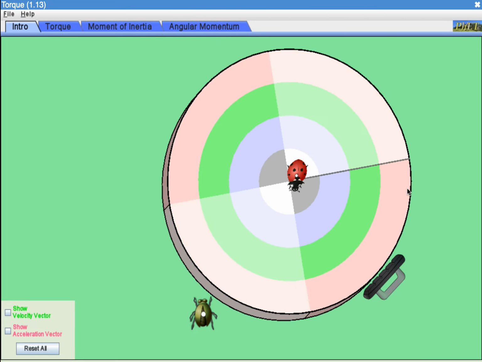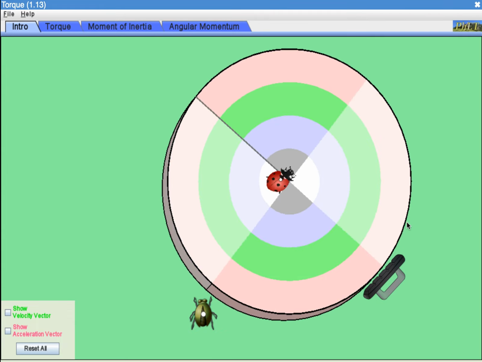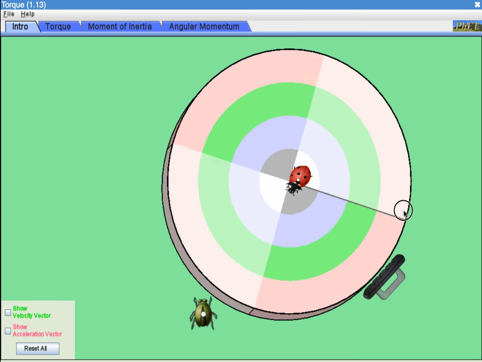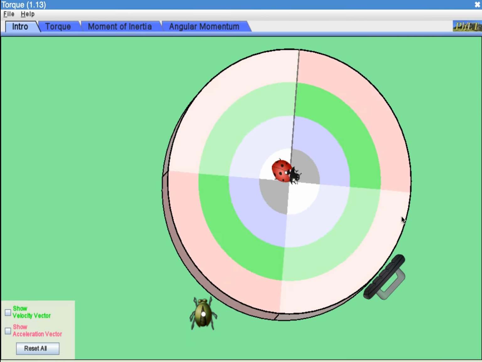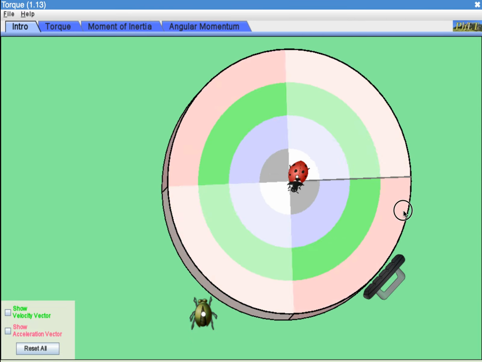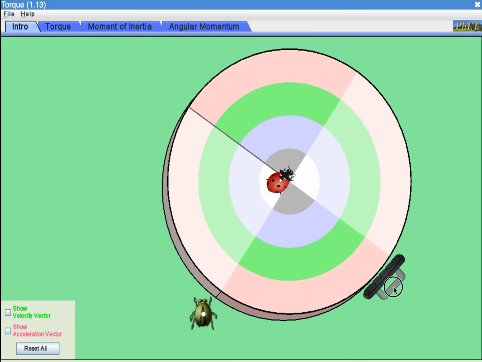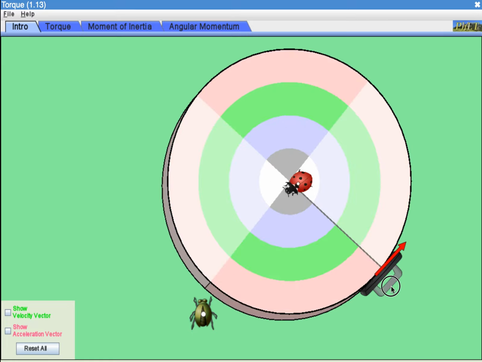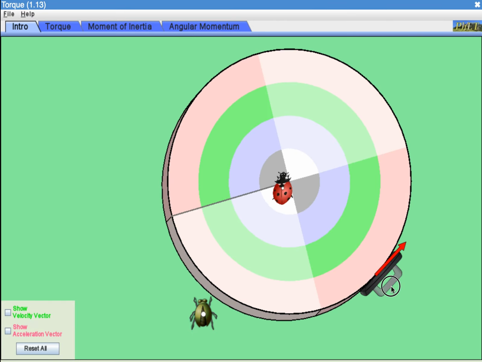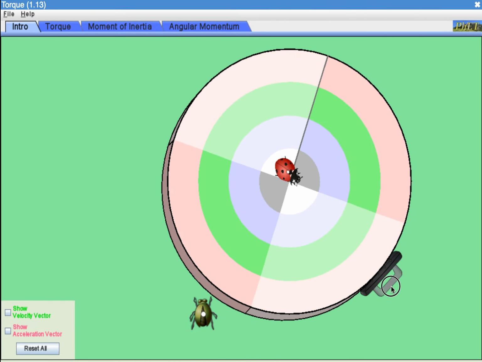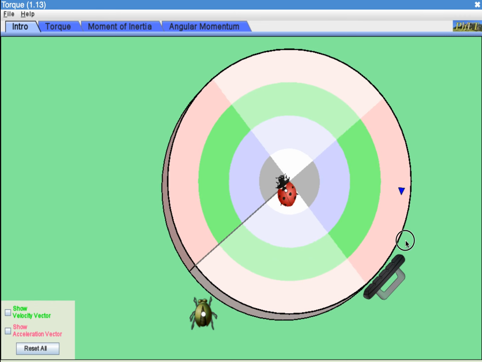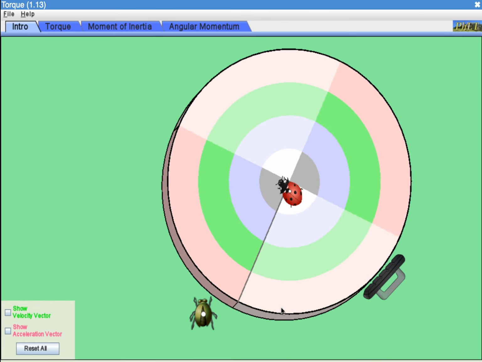Whenever you exert a force on a disk perpendicular to the radius, you make it accelerate, and this rotational kind of force we're going to call torque. Now let's apply the brakes. The brakes apply a force perpendicular to the radius of the disk, so this also represents a torque, a force that acts perpendicular to the radius and can make it either speed up or slow down.